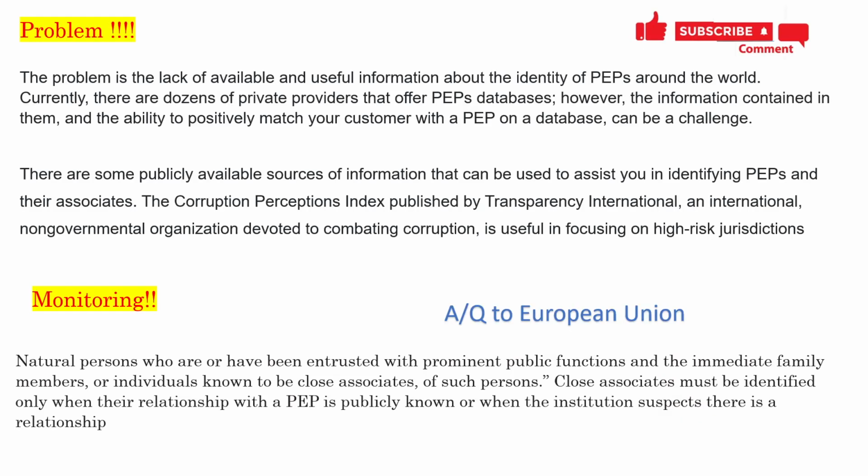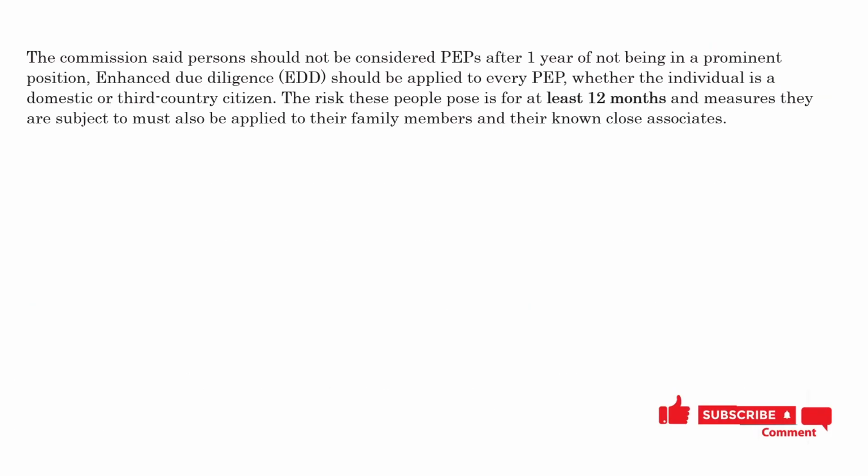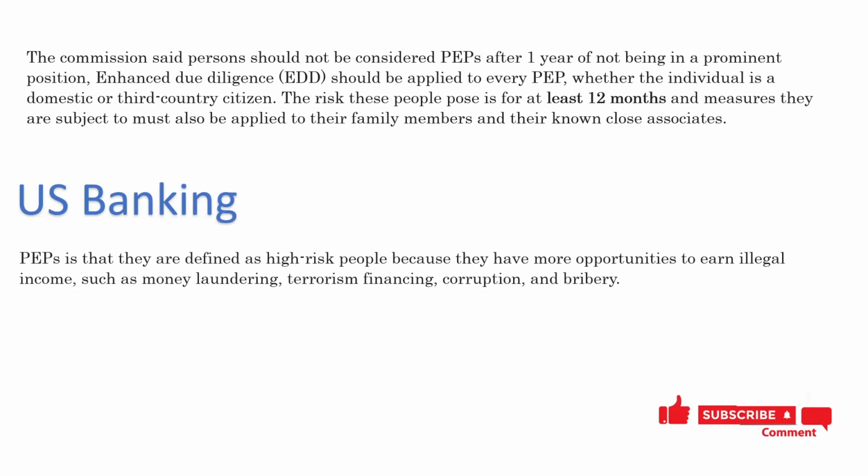What it means is that according to the European Union, if you are a PEP, your account is monitored for 12 months. If in 12 months they don't find anything suspicious, they will downgrade the account to medium or low risk. But in US banking, once you are a PEP, you are always a PEP. Even though the account is compliant and your transactions are normal, your account will always be high risk. But in European compliance, 12 months is the monitoring period. If in 12 months they find it normal, they will downgrade it.